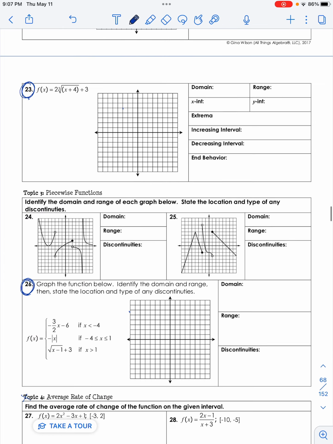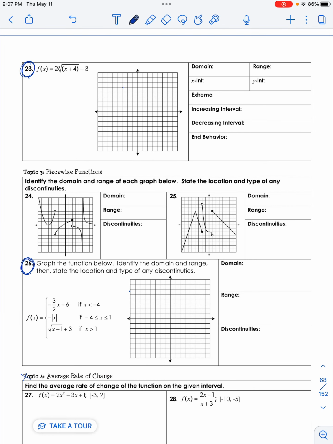The next is looking at number 23, and I'm asking you to graph the cube root function, the parent function being the cube root of x, and that looks like 0, 0, 1, 1, -1, -1. Those points come from plugging in -1, 0, and +1 into the graph.